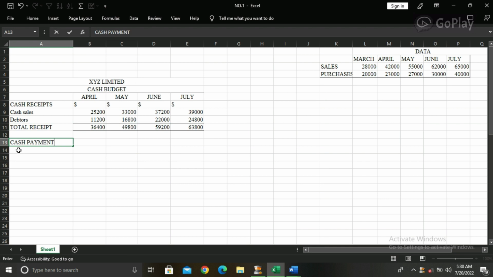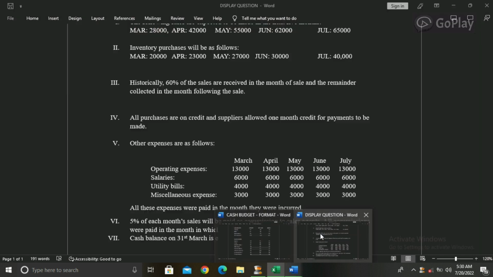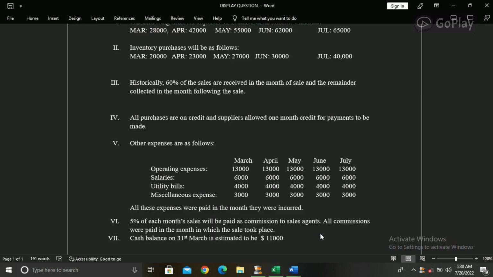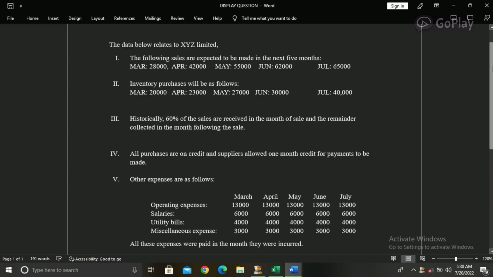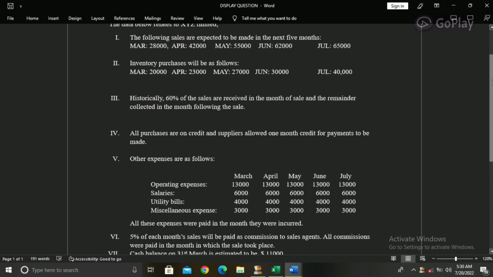Now, looking at the cash payment, that's where we make the payment to our suppliers and then the other expenses. So let's look at the question again. Inventory purchases will be as follows. Then when we look at the IV, it is saying that all purchases are on credit and suppliers allowed 1 month credit for payments to be made.